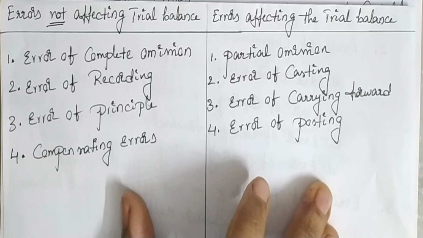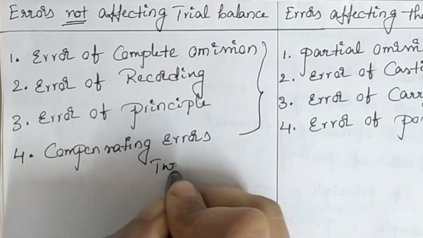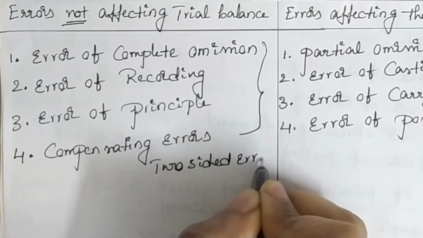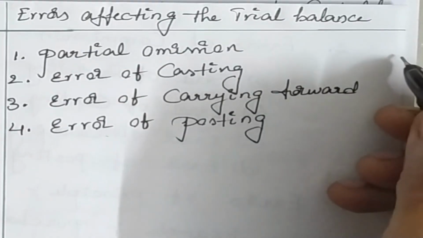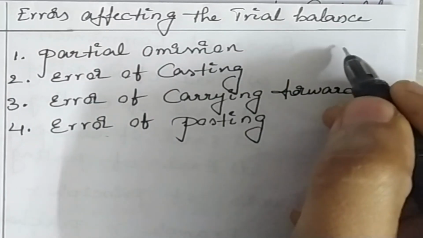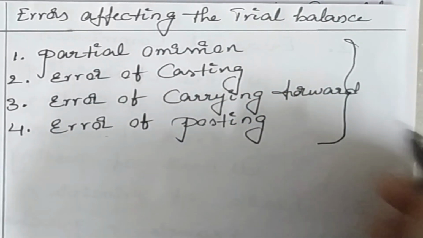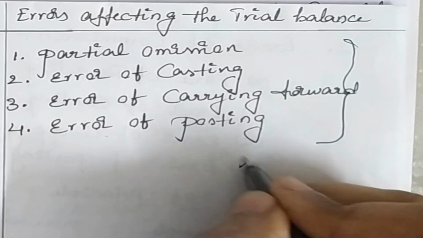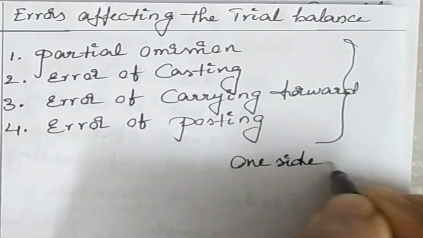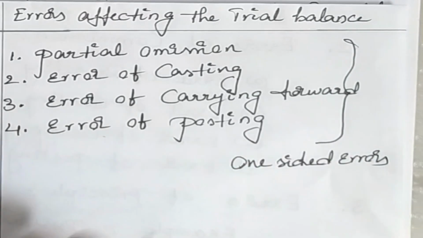So these errors will not affect trial balance, and these errors are also known as two-sided errors. Errors that affect the trial balance are partial omission, error of casting, error of carrying forward, error of posting. All these errors will affect trial balance, and all these types of errors are also known as one-sided errors.